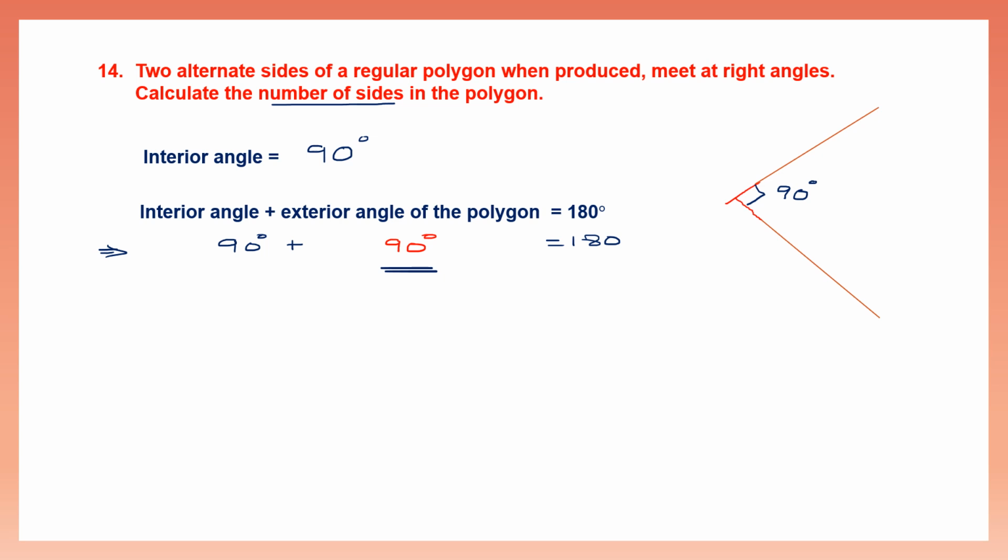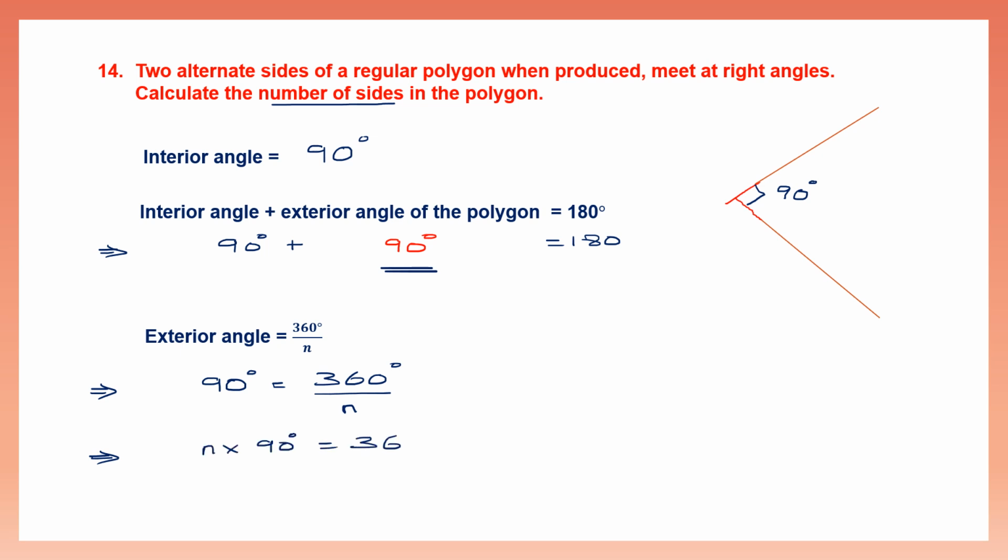We can use that formula to find the number of sides. That is, exterior angle equals 360 degrees by n, and exterior angle is 90 degrees. So let's write that. So exterior angle is 90 degrees, and this side we have 360 degrees divided by n. Okay, n is the number of sides. So we will take n to the other side, so it becomes n into 90, which is equal to 360 degrees.